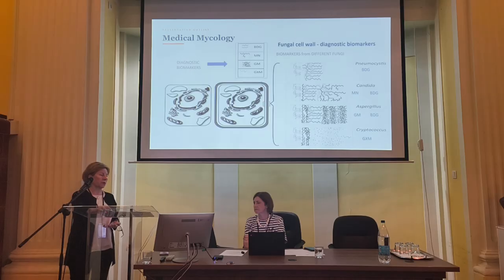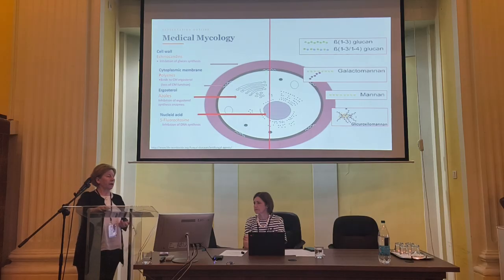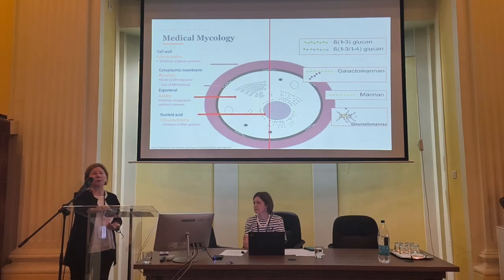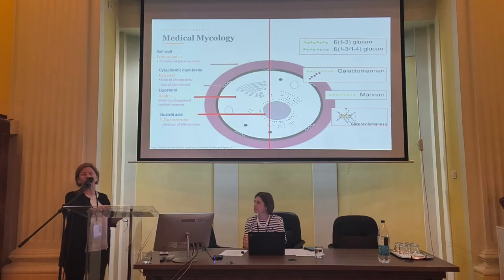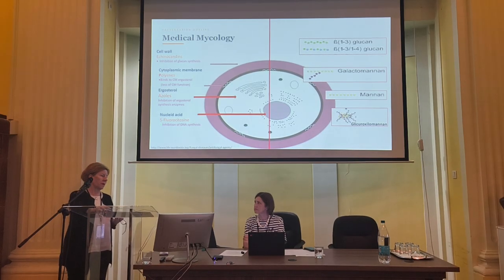Fungal biomarkers, which maybe you can see better in this slide, are soluble molecules that we can detect by several laboratory diagnostic platforms, especially in invasive fungal infections and diseases, such as beta-D-glucan, galactomannan, mannan, or glucuronoxylomannan. But it is also very important to understand that some cell wall components, cytoplasmic membranes, or nucleic acid structures are important targets for antifungal drugs.